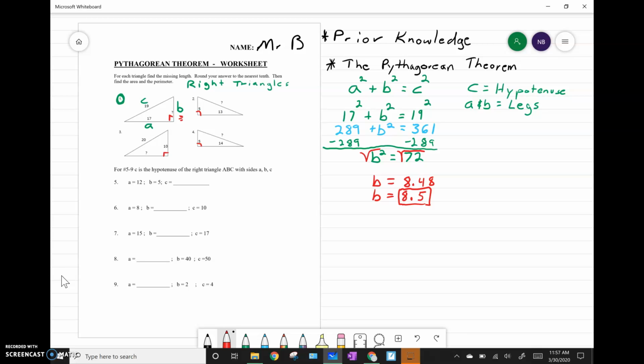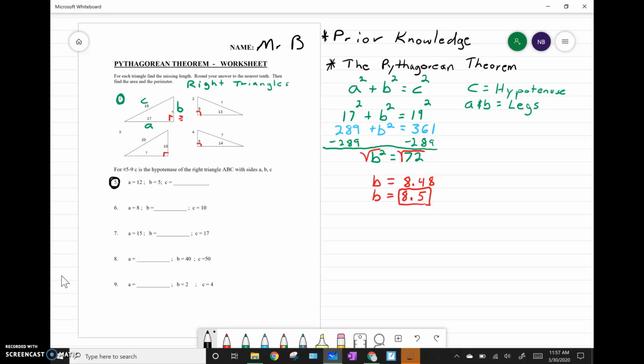Now, let's look at an example where we don't know what the hypotenuse is. If we look at number 5 here, they don't have any triangles, but they've labeled A, B, and C. What we don't know is what A squared and B squared equal yet.